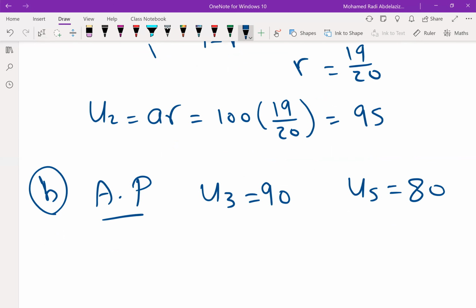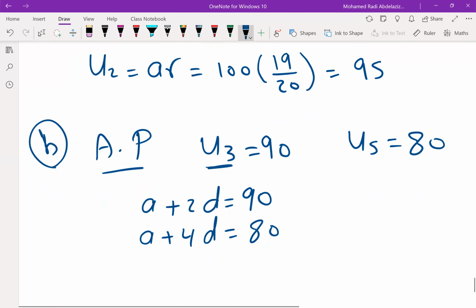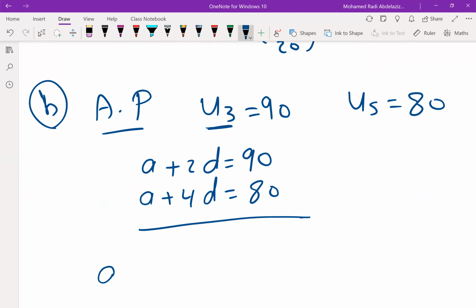To get a and d, the third term U3 is a plus 2d equal to 90. U5 is a plus 4d equal to 80. Solve these equations simultaneously. You can find a is 100 and d is -5.